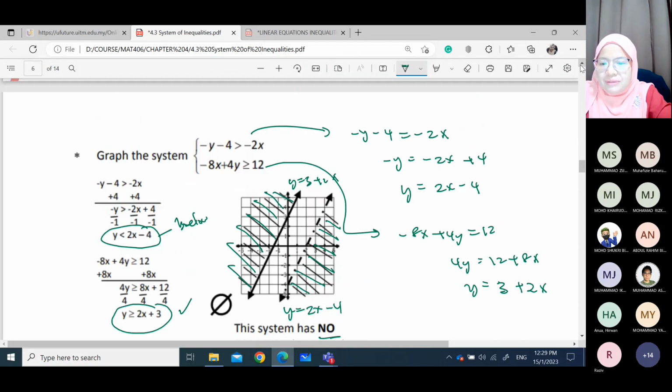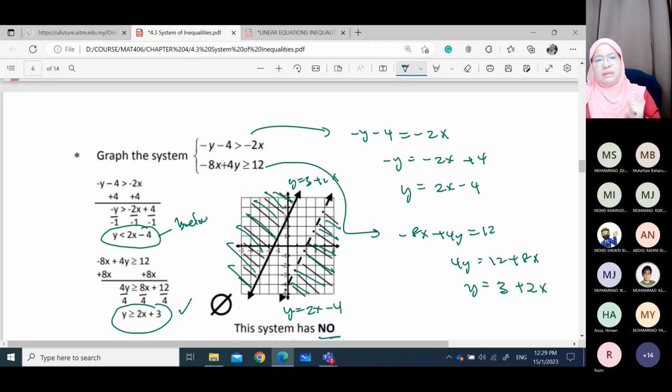Yang penting adalah sketch the graph. Okay. And then check the inequalities. Second, baru the third one, baru you shade the region. Shade the region, you colorkan lah kat mana yang region dia. So how to shade the region? It is based on y.